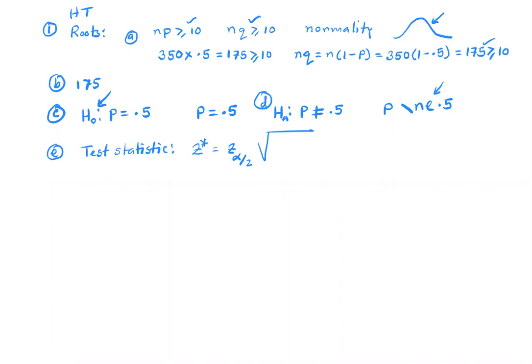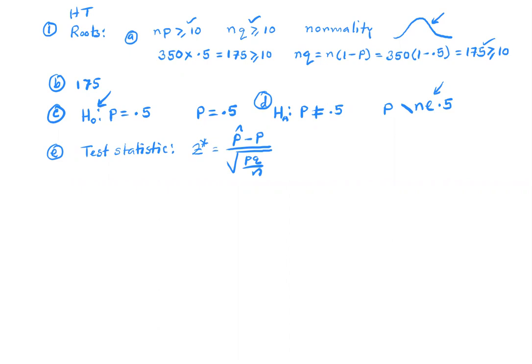What is it? The statistic for population proportion is P hat minus P divided by square root of PQ over N. That's the formula. All right. I was confusing myself with confidence interval for a second. So this is what the formula is.